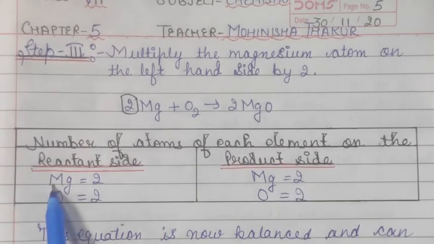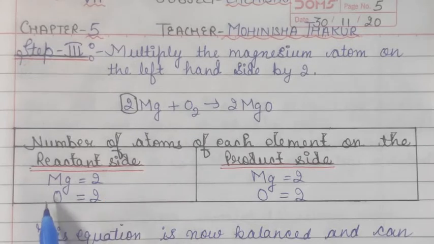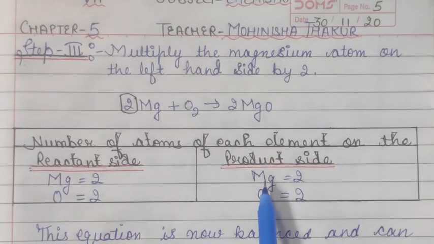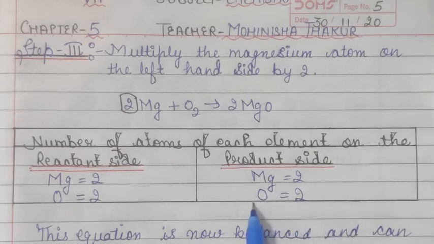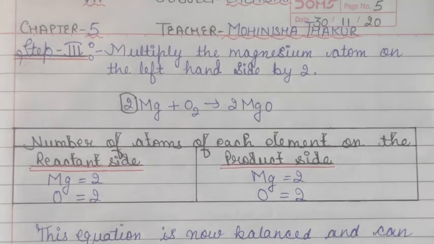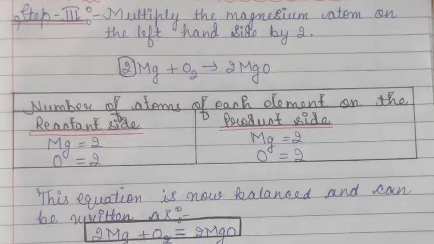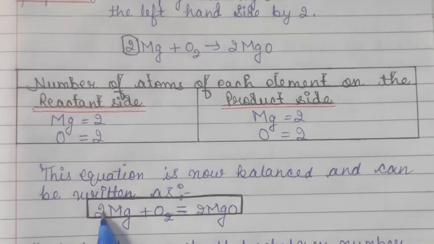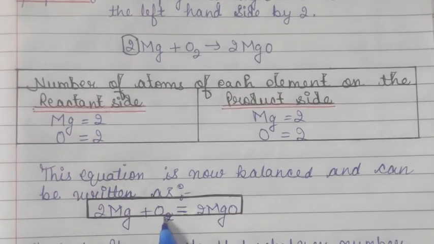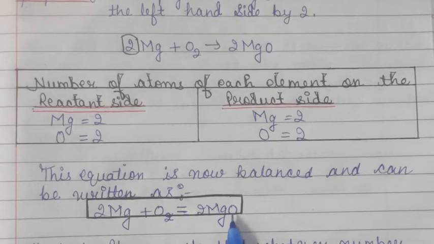So Mg is equal to 2, O is equal to 2. On the product side, Mg is equal to 2 and O is equal to 2. This equation is now balanced and can be written as 2Mg plus O2 equals 2MgO.